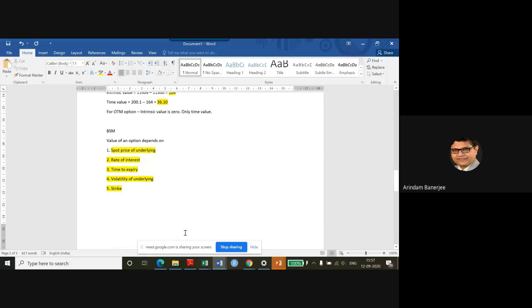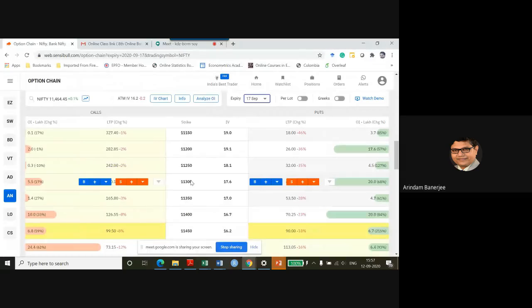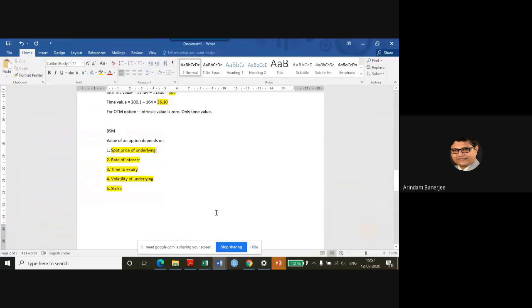Strike, I can choose. There are a lot of options. I can choose the strike 11,300, 200, 400, whatever. So the only complicated thing, which is very important for me and which is not controlled by me, is the volatility. This volatility I cannot control. Strike I can choose, time to expiry I can choose, rate of interest is given, spot price is given.